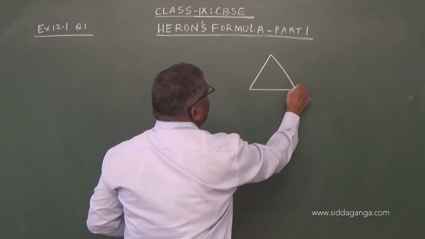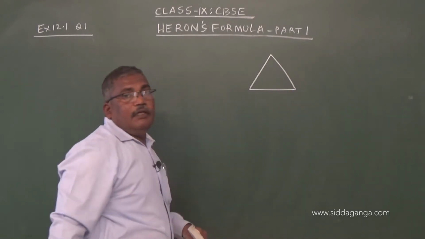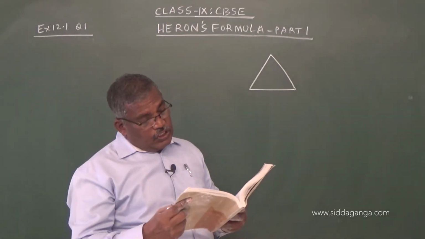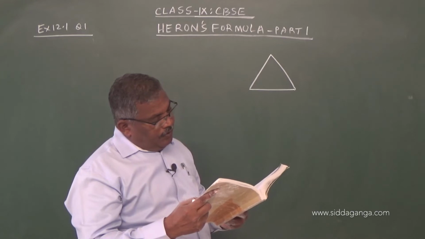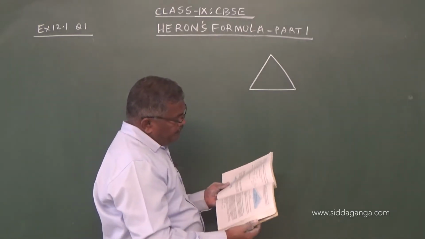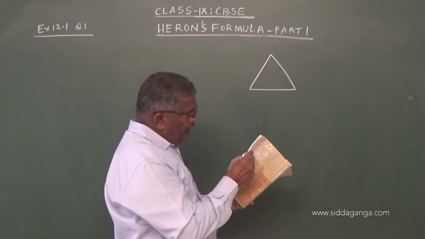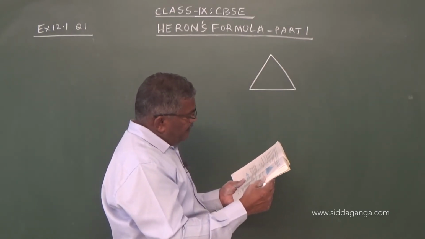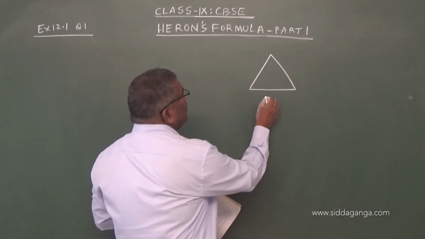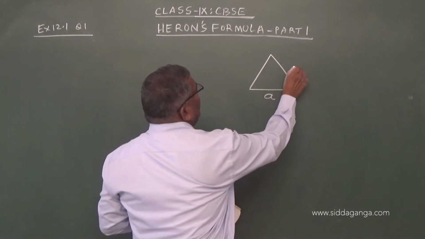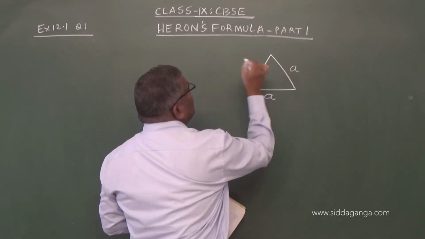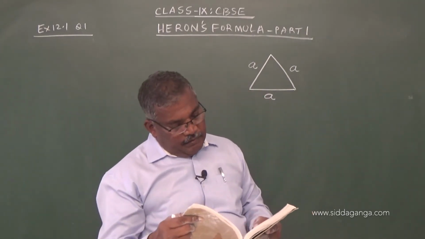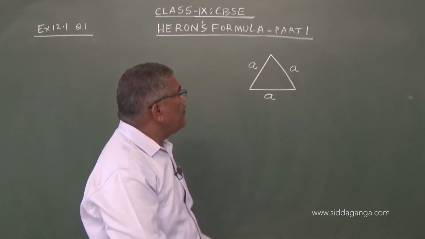Where all the three sides are equal. So a triangular board, it is indicating school ahead with a side A. Find the area of the signal board using Heron's formula if its perimeter is 180 centimeter. It says this is A, this is A, this is A, and perimeter is given as 180 centimeter.